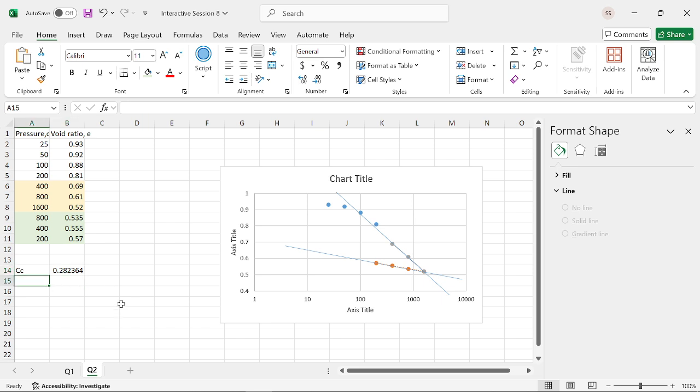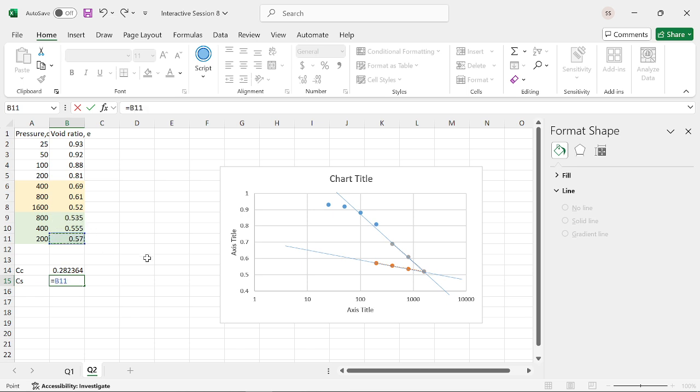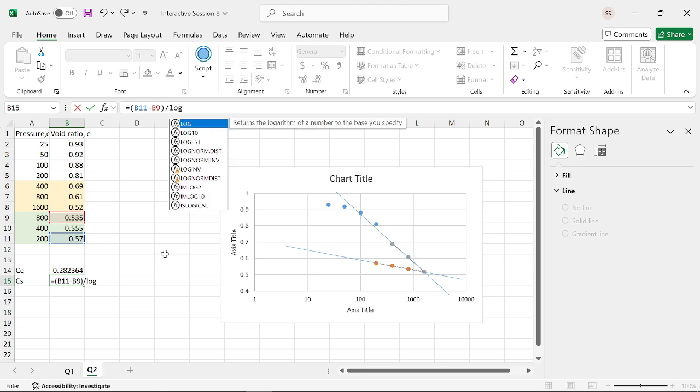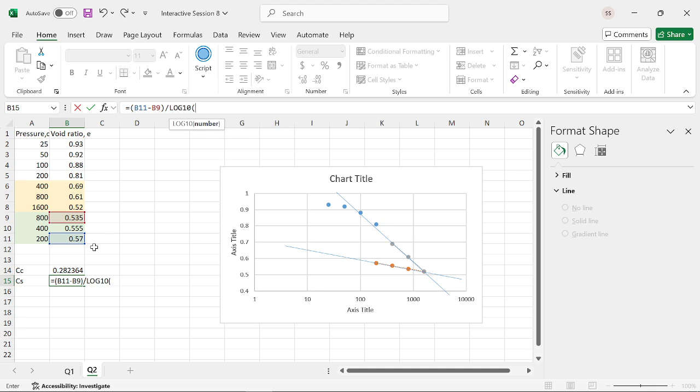0.28. And for Cs, we can take these 3 points. We will have 0.57 minus 0.535 over log 10 of 800 over 200.